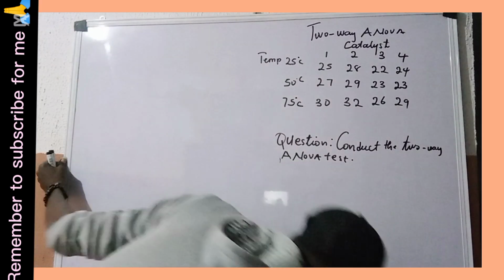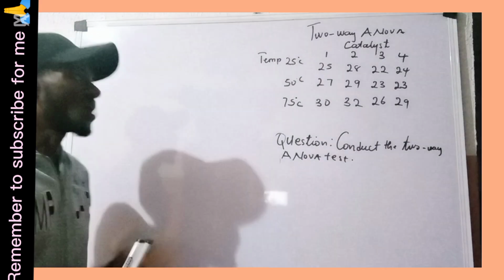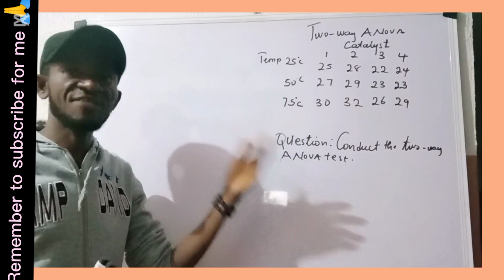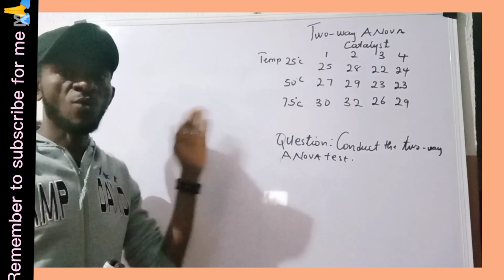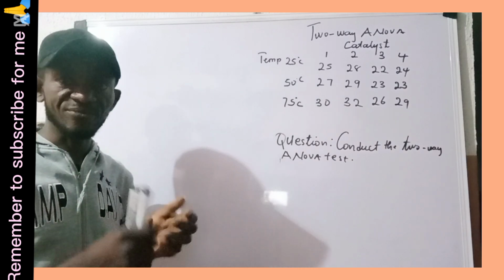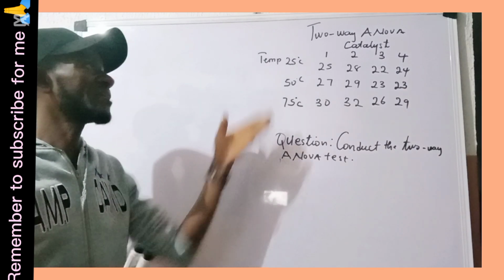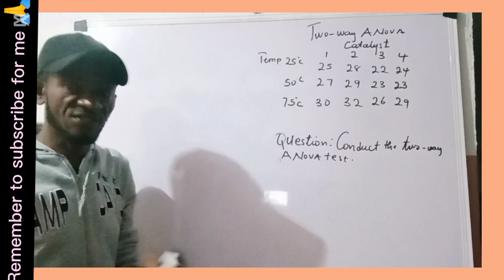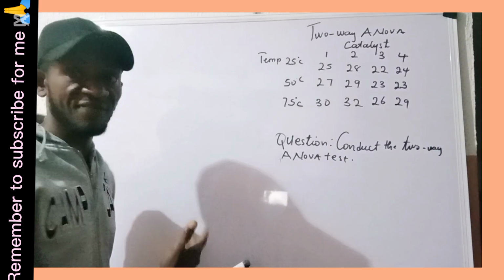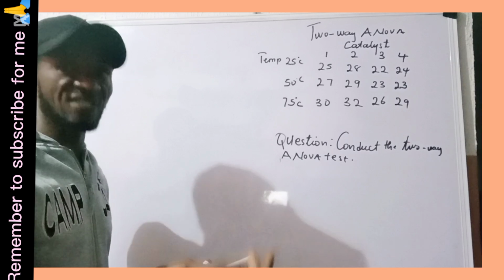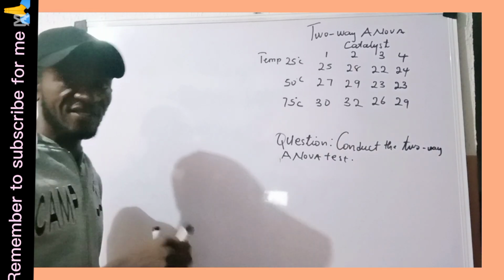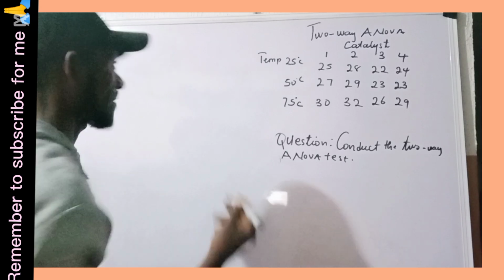It is good that I remind us that when we talk about computation in this kind of test, it is better that we define our ANOVA table, so that whatever value we get, we put inside that ANOVA table. I did say how to define the ANOVA table of two-way ANOVA in our introductory class, so you can make reference to that class because it was detailed and will help you understand the lecture better.